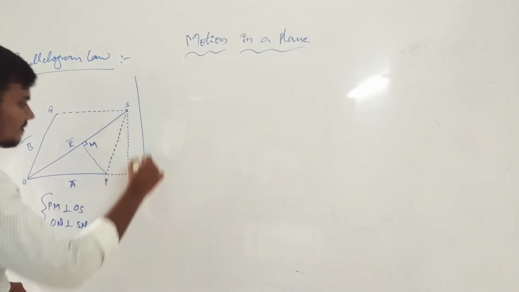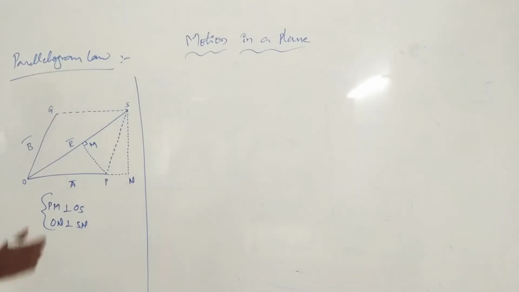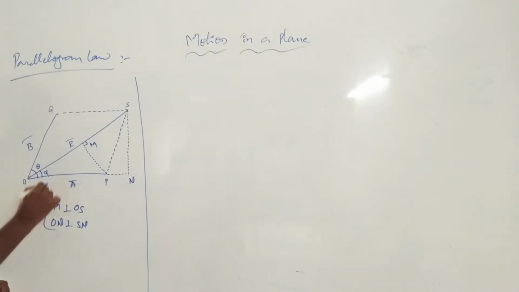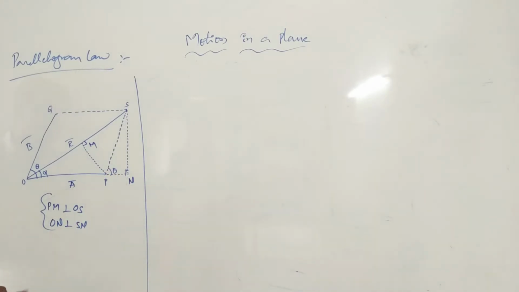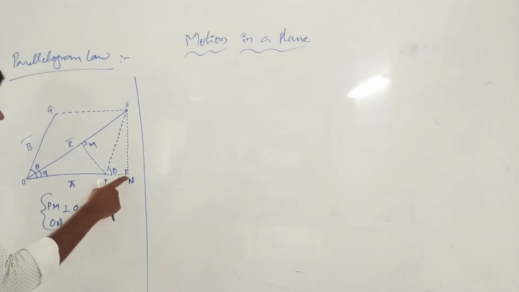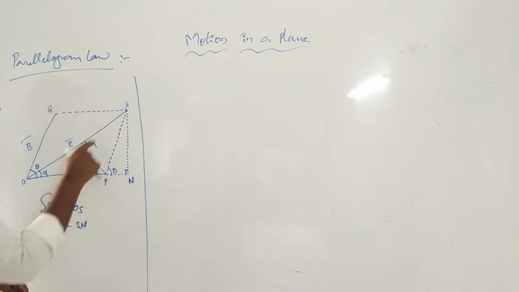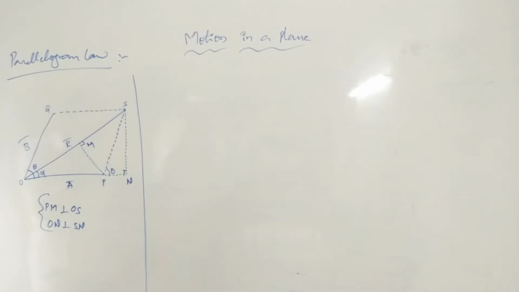First we take the magnitude of the statement in the parallelogram law. There are two types of axis. The first angle we take is theta, and here there is also theta. The perpendicular axis gives two triangles: the first triangle SPM and the second triangle PMS. With the perpendicular, we always get 90 degrees.